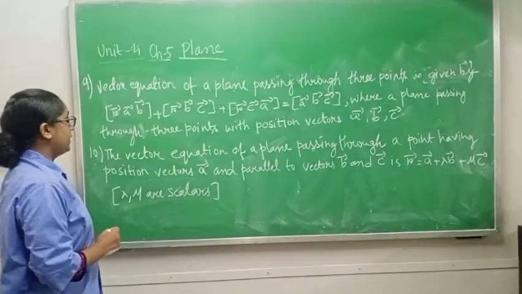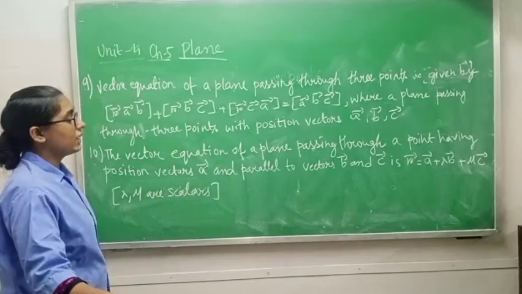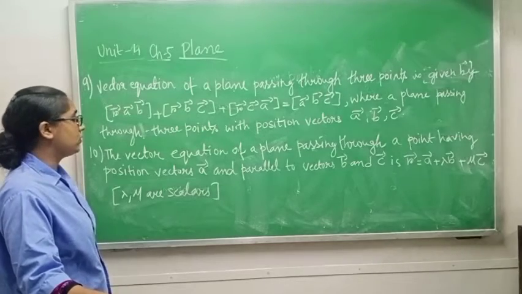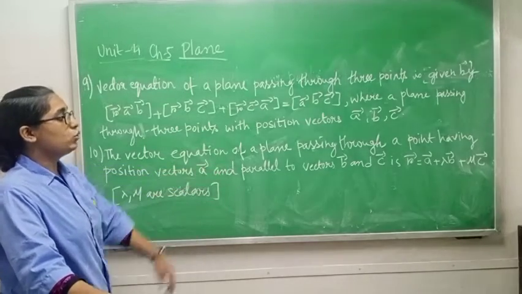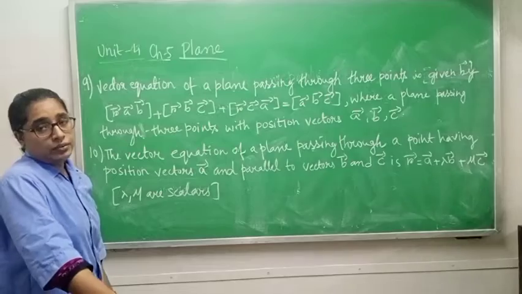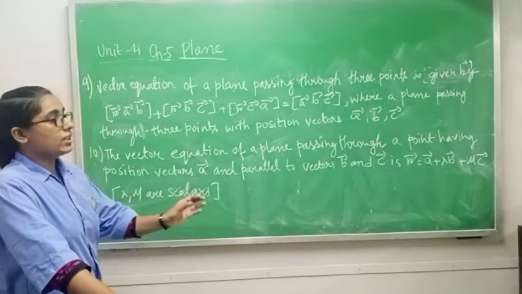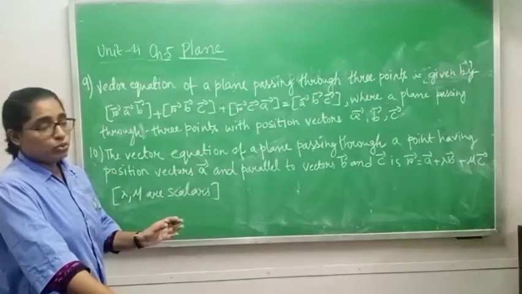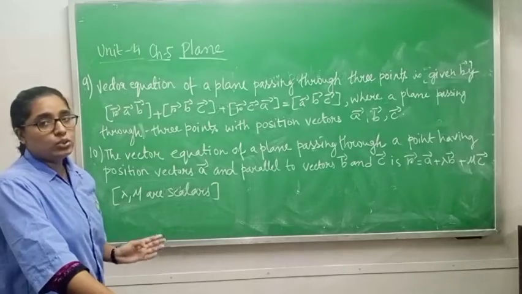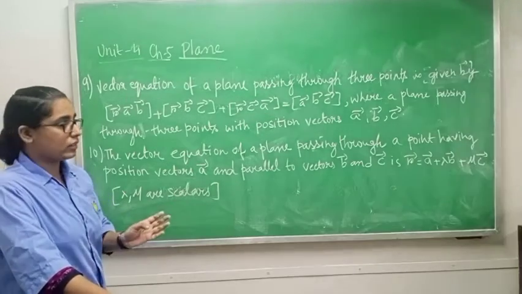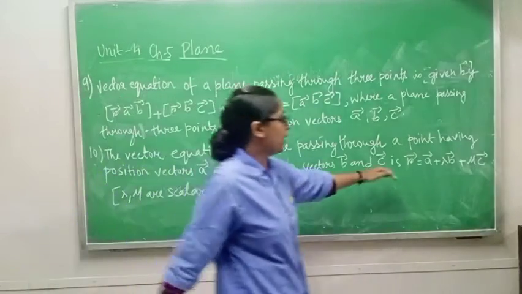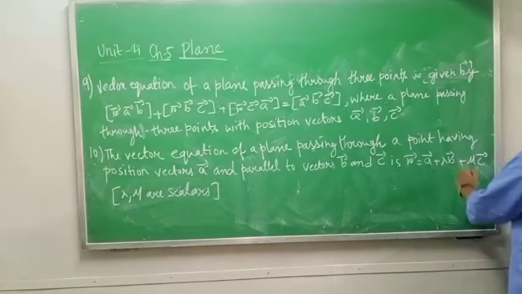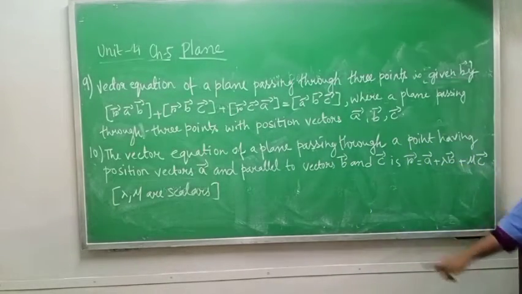Now point 10 is the vector equation of a plane passing through a point having position vector a and parallel to vectors b and c. When it is written that the plane is passing through a point and parallel to this vector and this vector, then you can use r vector equals a vector plus lambda b vector plus mu c vector, where lambda and mu are scalars.